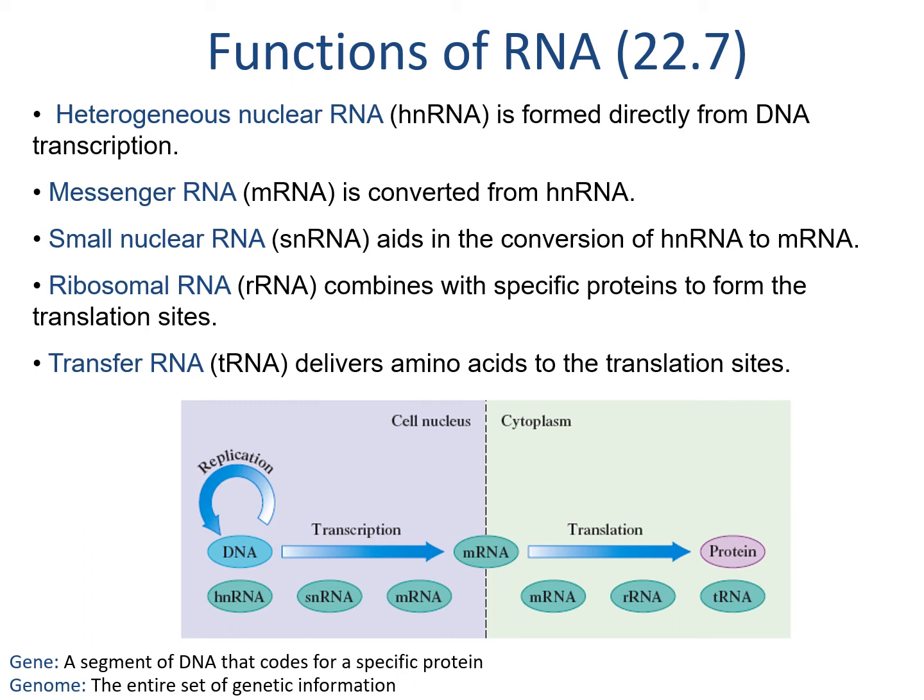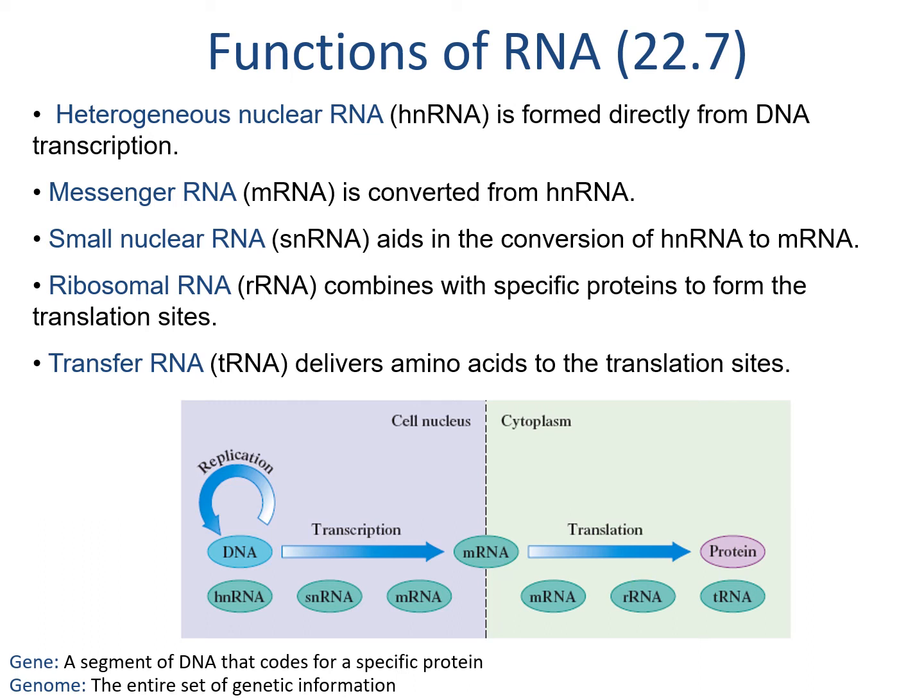So the heterogeneous nuclear RNA comes directly from a gene and is copied. But the heterogeneous nuclear RNA is not converted directly into a protein. It actually first gets sliced into smaller pieces so that only the useful information is brought. The smaller pieces are messenger RNA, and the small nuclear RNA help to cut the hnRNA to the mRNA.